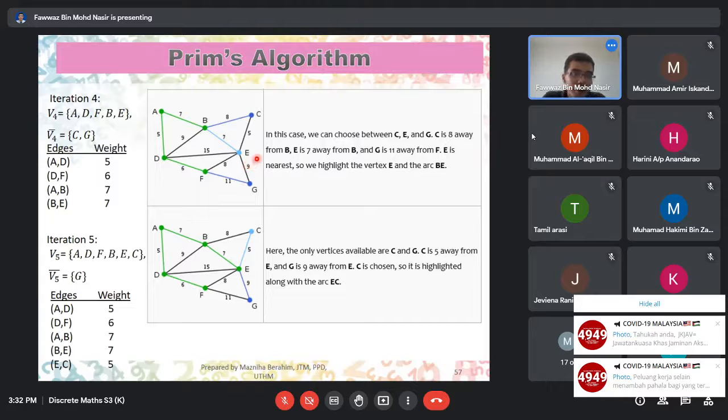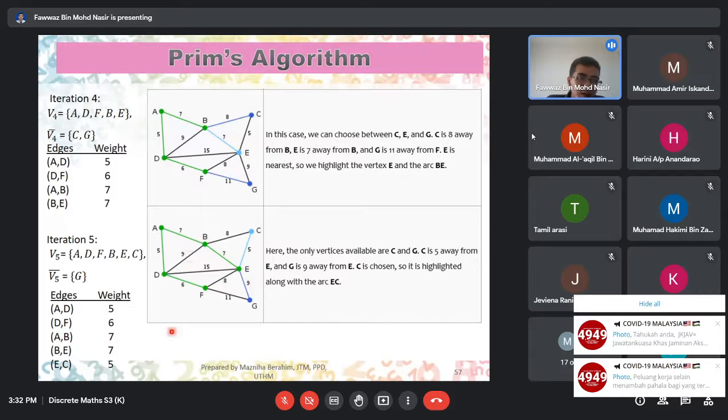So dalam case ni yang paling kecil dia punya weight dia adalah BE. So kita select vertex E, masukkan dalam the list of vertices yang kita dah select. Okay, then kita list BE tu as the list of edges yang kita dah select.